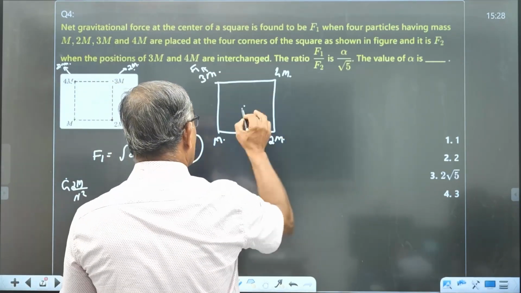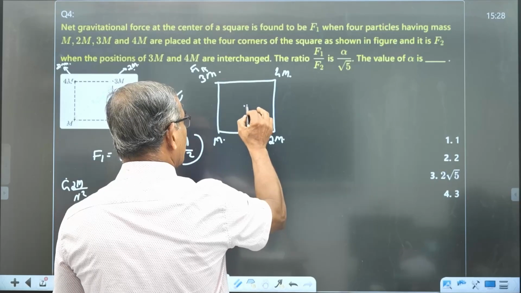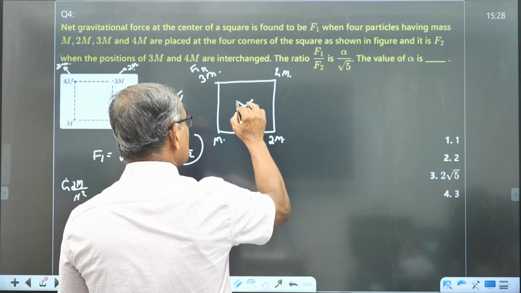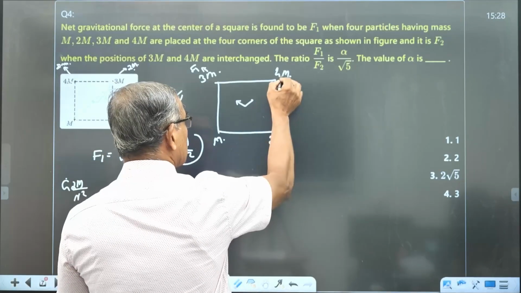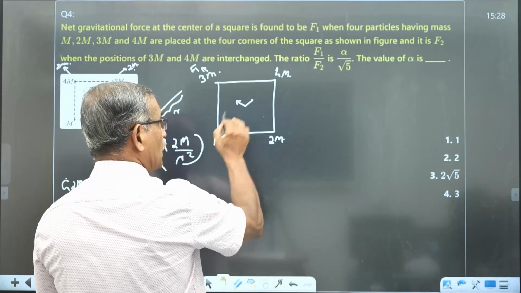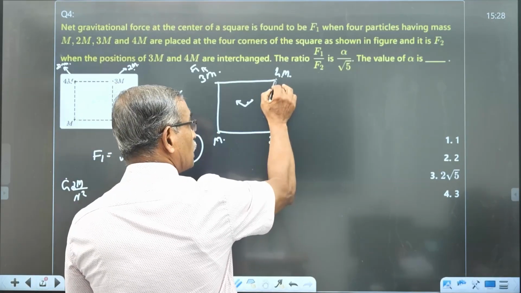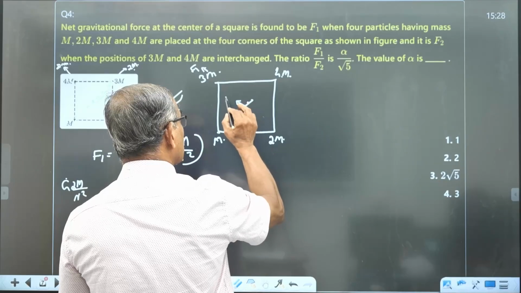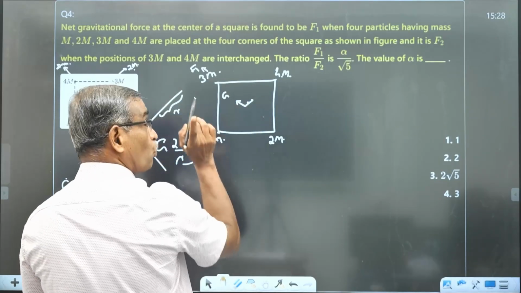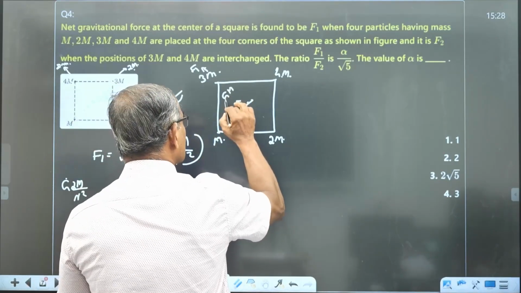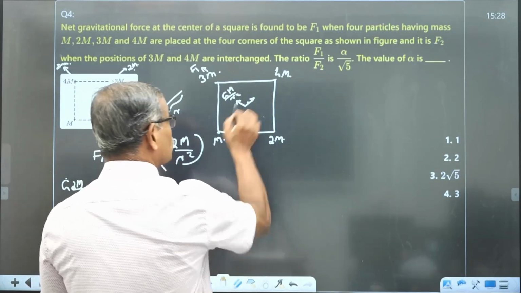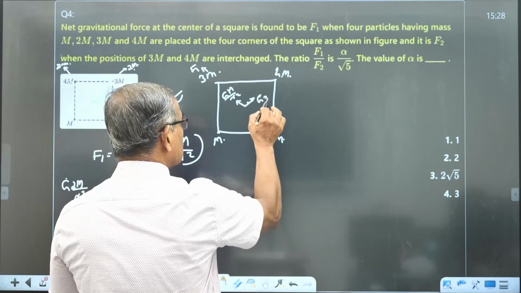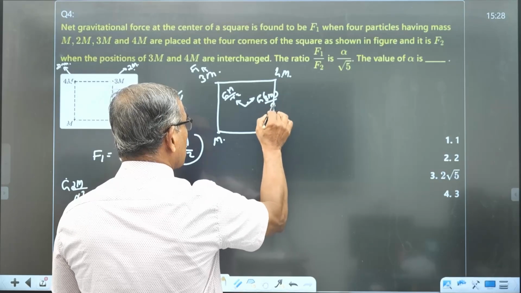Whereas here is 4m and this is m, and the net force along this direction is due to 3m. Therefore, this force here is equal to G due to 1m, m by r squared, and this force due to 3m is equal to G 3m by r squared.